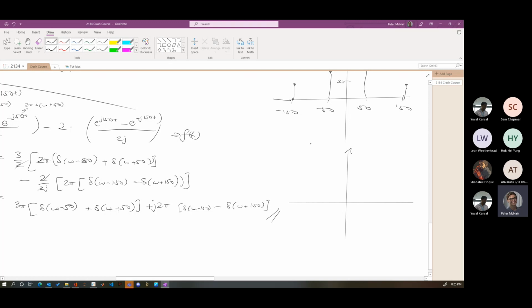And then let's look at the phase of F of omega. Again, we're going to have these exact same values of omega, 50 and 150. Now, what's the phase of this first one?